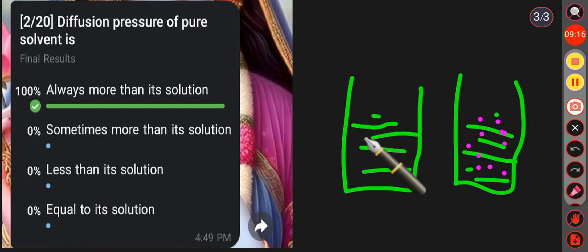Then in the first case, the potential ability of the water molecules is more than in its solution. Why? Because here impurities, that is sugar, are present and lower the diffusion pressure of the solvent. So the diffusion pressure of pure solvent is always more than its solution, right?